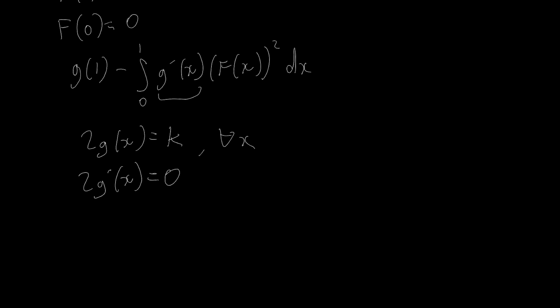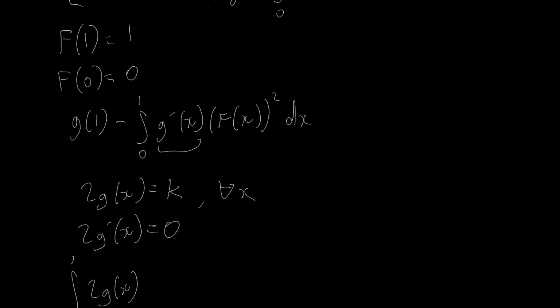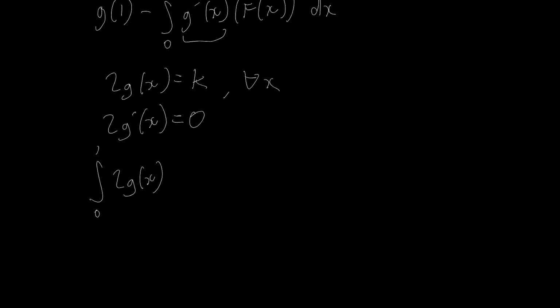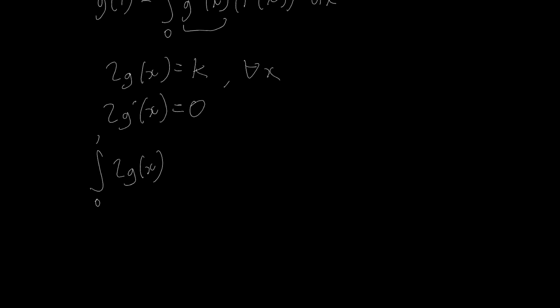So we have our integral as before, 2g of x, and then the rest of our probability density function, big F of y, little f of y. I might as well put y here. However, it's important to note that this variable does not matter, because we have bounds of integration. These functions are the same as before, so whatever variable I use, it does not matter.